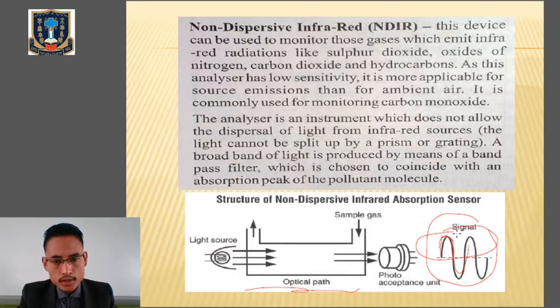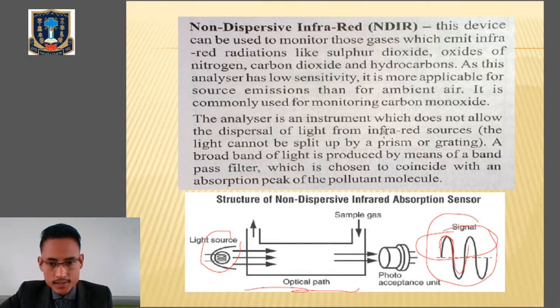So what we're doing over here, you can see the analyzer which is being used does not split the light, but rather it forms a broad band of light, because the analyzer uses a band pass filter.